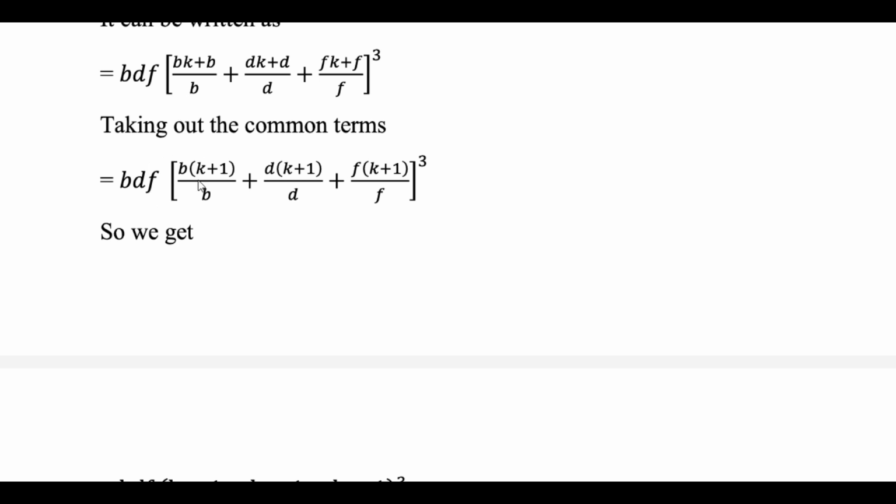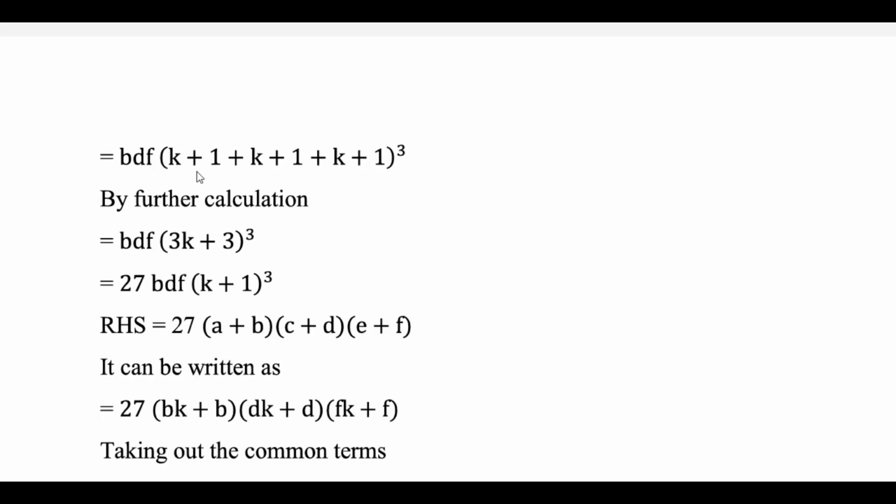Then b(k+1), d(k+1), f(k+1) divided by b, d and f to the power cube. So that we can get bdf (k+1)(k+1)(k+1) cube. So bdf into (3k+3) cube, so it is coming 27 bdf into (k+1) cube.